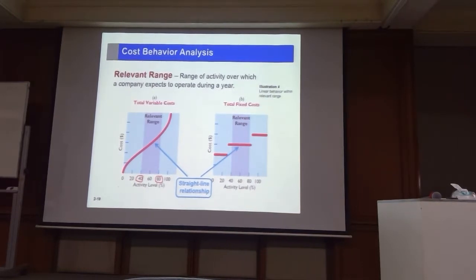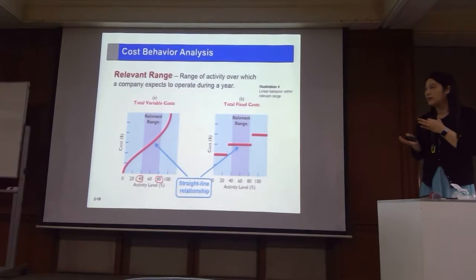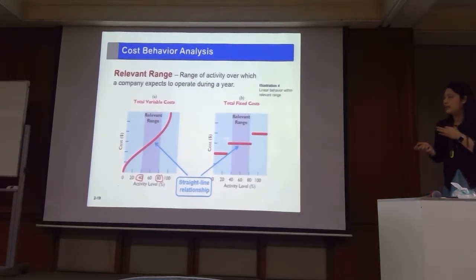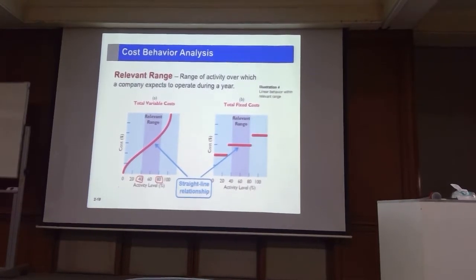So for our analysis, just to make it easy, we assume that the behavior of the cost in response to the change in activity is a straight line, okay? It's linear, so it makes it easy for us to analyze. If it's not linear, we need exponential functions to analyze that, which I cannot do, okay?